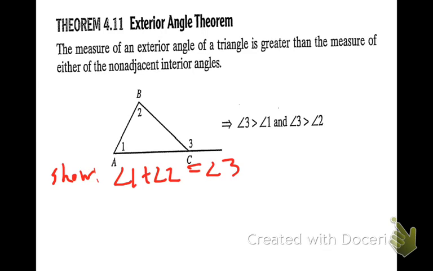So this is saying that the exterior angle is equal to the two non-adjacent interior angles. We can show this by doing the following.